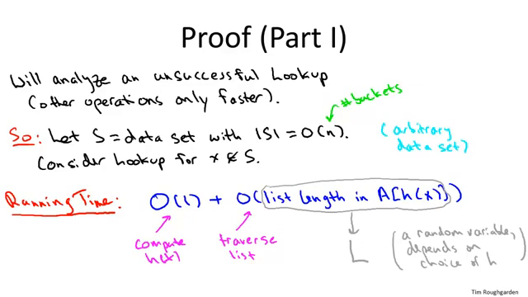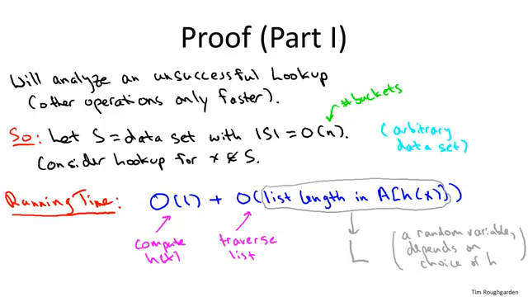So the list length, and hence the time for the unsuccessful search, depends on the hash function little h, which we're choosing at random. So let's recall what it is we're trying to prove. We're trying to prove an upper bound on the running time of an unsuccessful lookup on average, where the average is over the choice of the hash function little h. We've expressed this lookup time in terms of the average list length in x's bucket, where again the average is over the random choice of h.